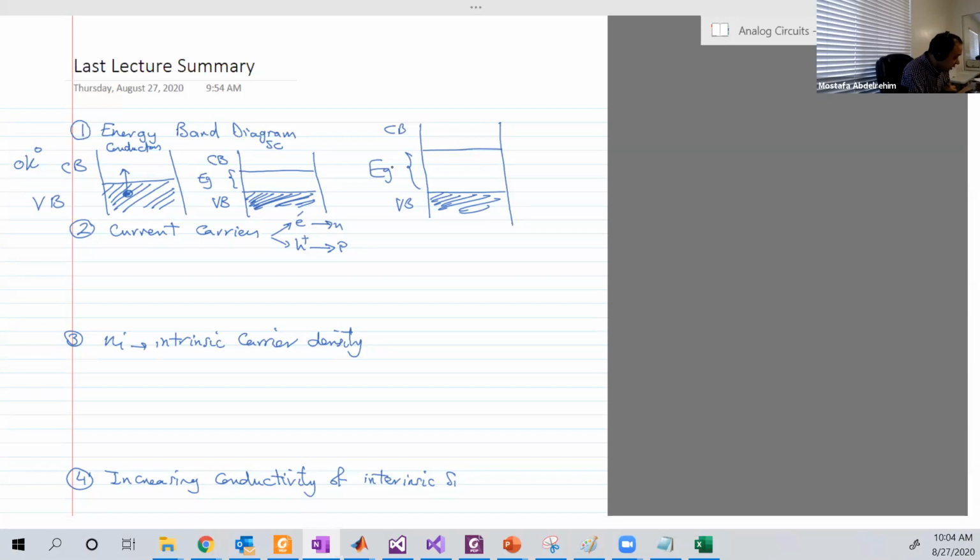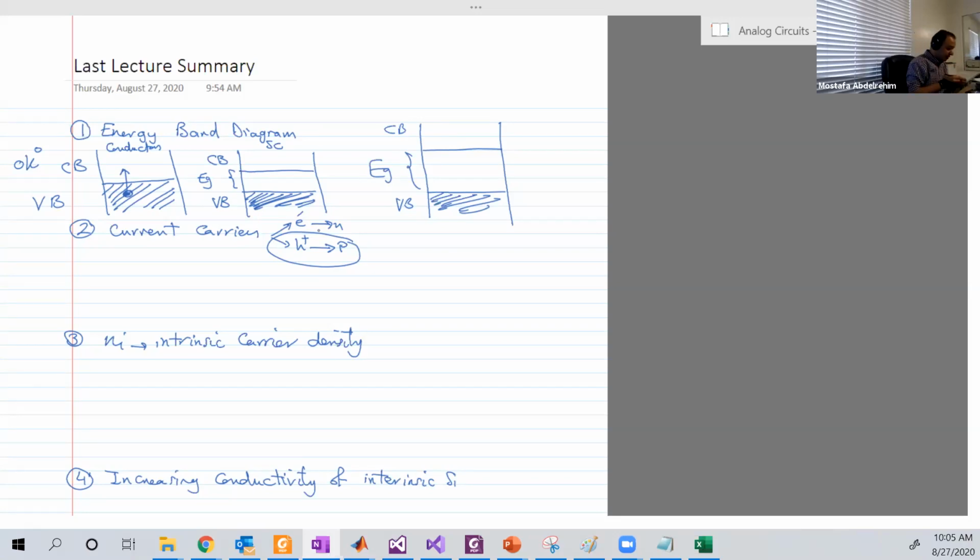The second concept that we took also is the current carriers in semiconductors. So we have two carriers. We have the electrons, which is conventionally understood, but we have a new concept, which is the holes. We said that holes at their origin are also a moving of electrons, but we can model them as moving positive charges in the opposite direction.